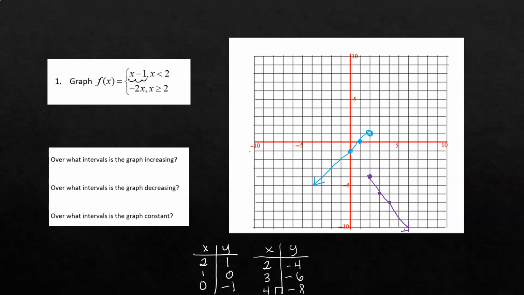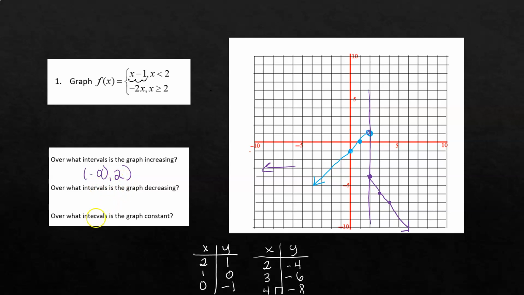Okay, so if we're going from left, we have negative infinity, and then it increases all the way to here, which is 2. And this is not like the interval notation. There's no brackets. This is just telling you the intervals over which it is changing or increasing. So there are no brackets here.